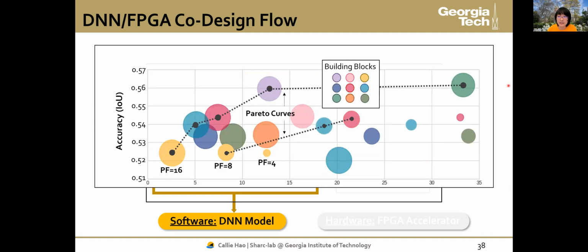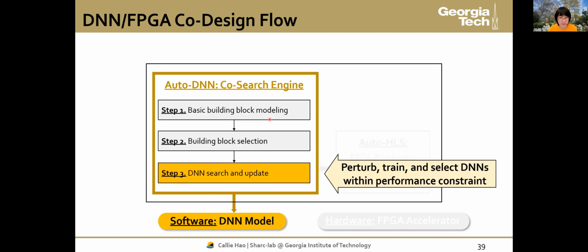And this is an example of the training: for each basic building block, we have these dots, and we only pick the ones on the Pareto curve. So this is the second step. And the third step is, now we have narrowed down the promising blocks, we are going to do a much more fine-grained DNN search and update.